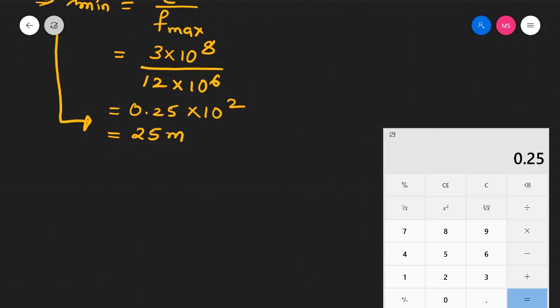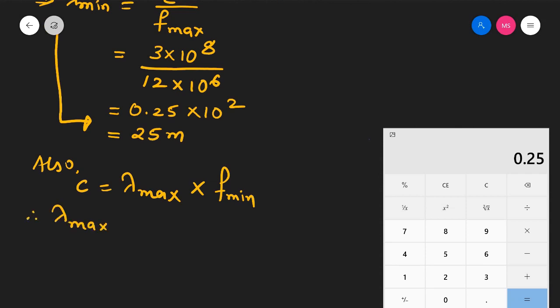Now in the same way, speed of light c will be equal to lambda maximum into frequency minimum, or therefore we can say that lambda max is equal to c over minimum frequency.